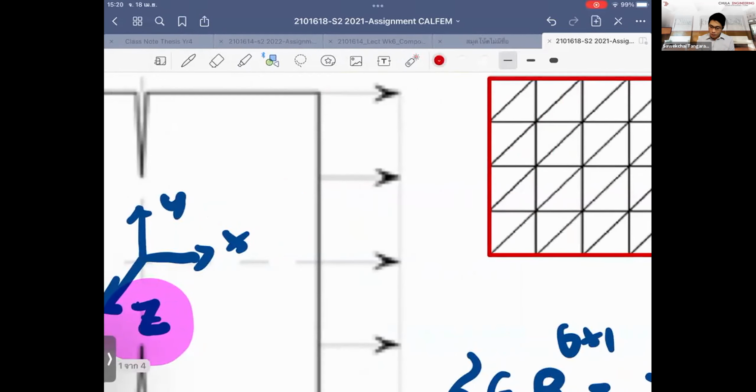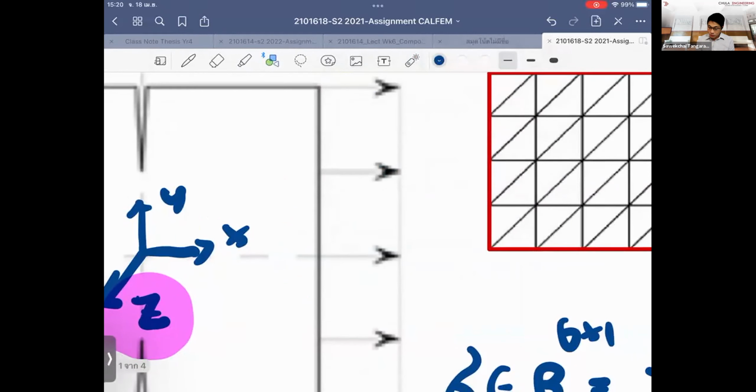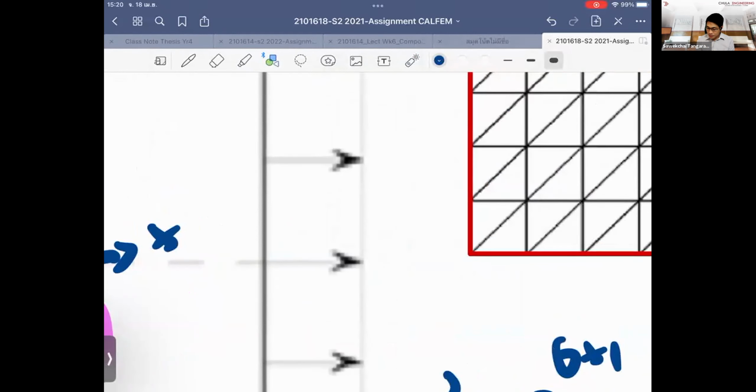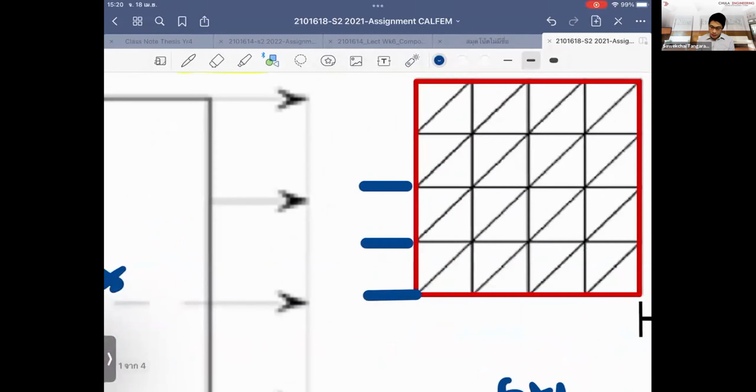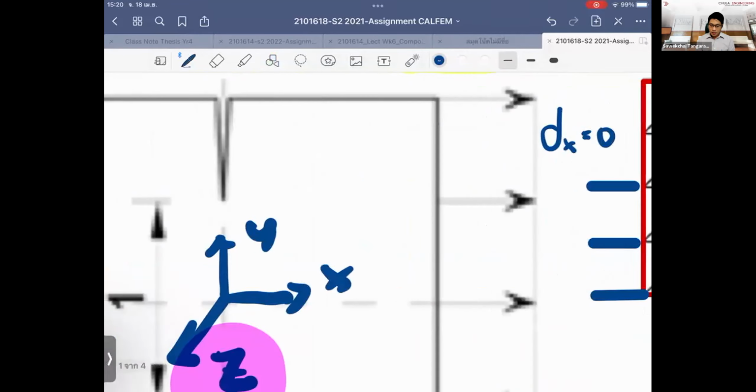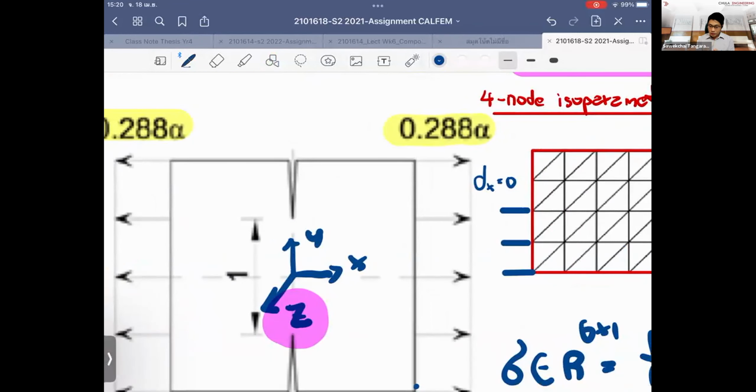So when I want to put the boundary condition, I simply put the direction where I like to restrain the problem. So I restrain the movement in x, which is saying that dx along these directions here is equal to 0, right? Because it's at the line where you have the symmetry.